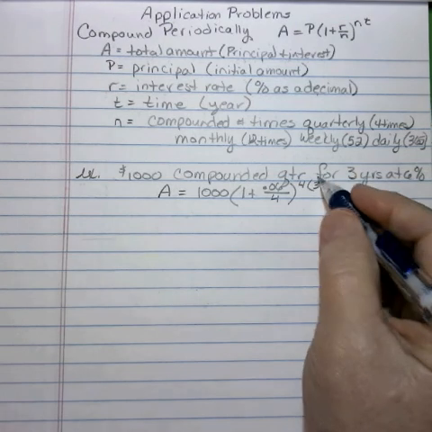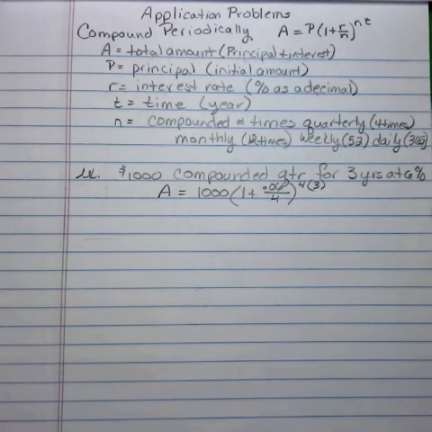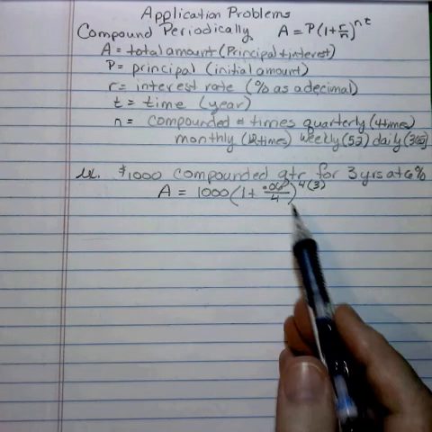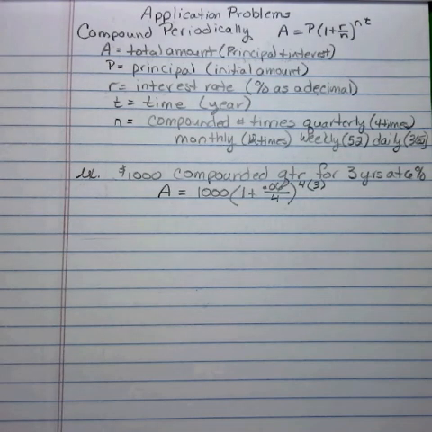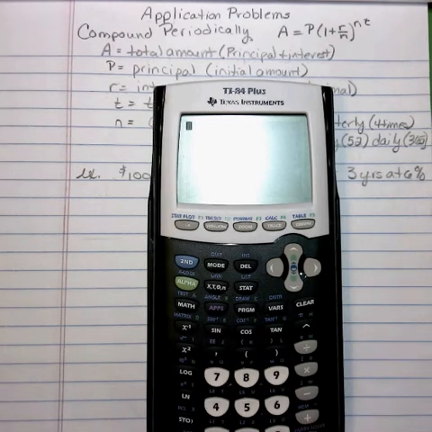Be sure you put parentheses around the entire exponent. If you don't get your parentheses just right, you will not get the correct amount. So sometimes, especially as starting out, I recommend to students to do this independently. So I'm going to show you on your calculator here.